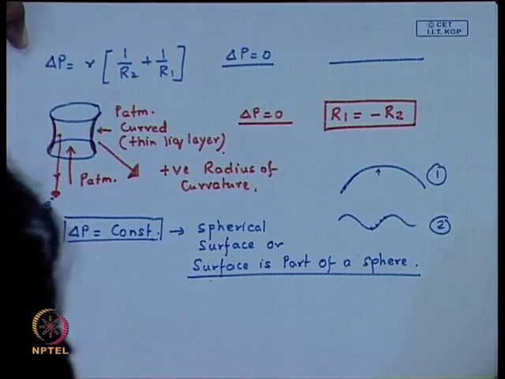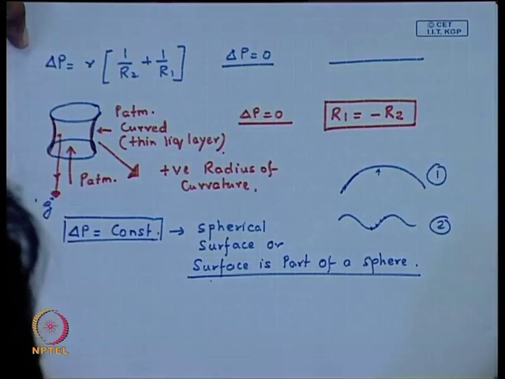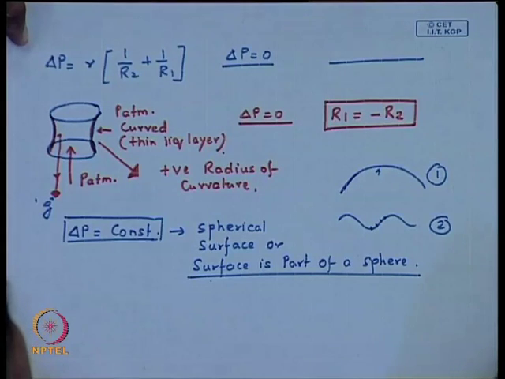One possibility is that you have a perfectly flat interface, so there is no Laplace pressure and therefore delta p is equal to 0. But you can also have R1 is equal to minus R2, and therefore delta p is equal to 0. So, mathematically, in one case R1 is equal to minus R2, which leads to delta p equal to 0, or in the other case both R1 and R2 tend to infinity, which corresponds to a perfectly flat surface. Okay.